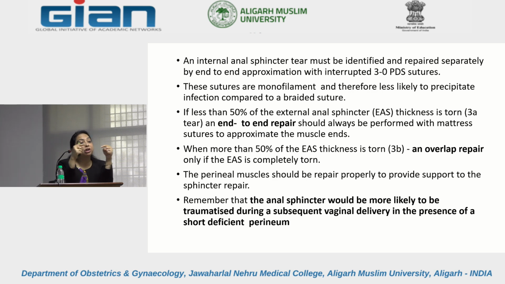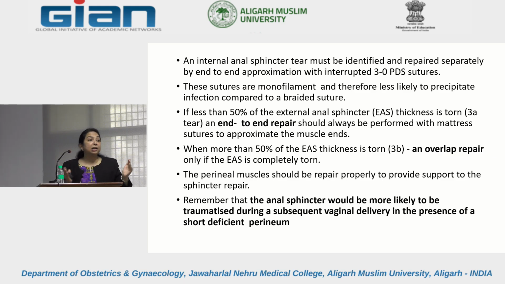Sometimes it may not be possible to overlap. You should go for overlap, but if you are not expert enough in the overlap method, it is better to go for end-to-end suturing. Remember, the anal sphincter is more likely to be traumatized.